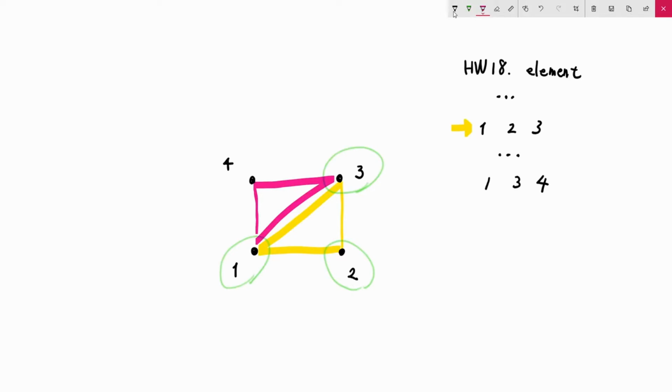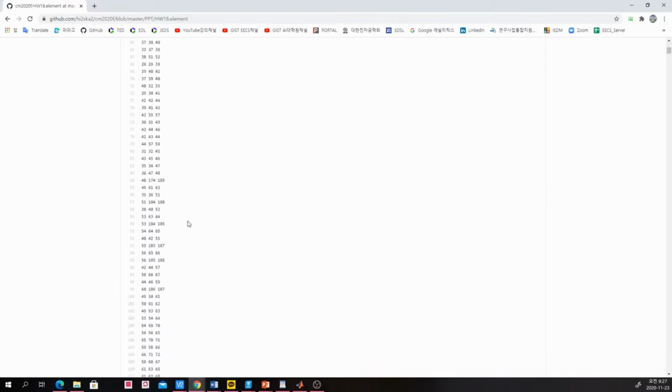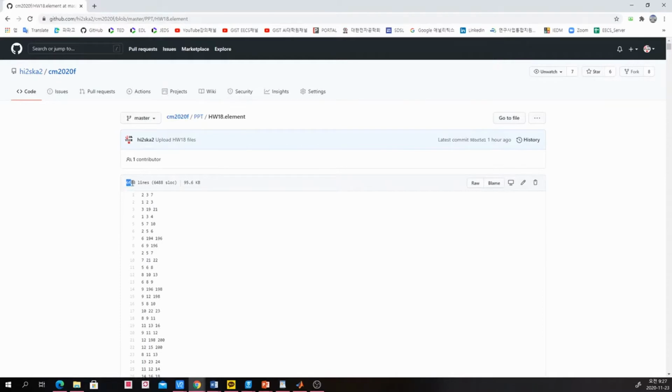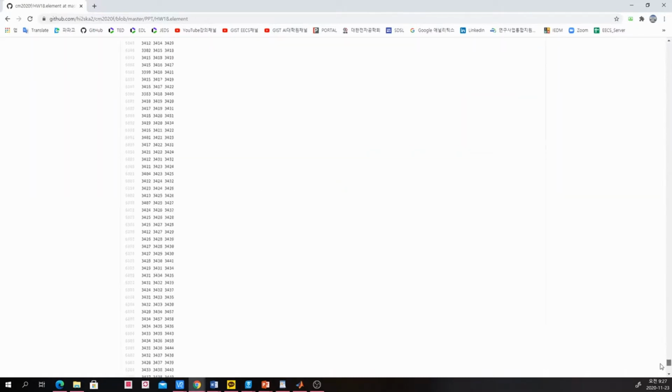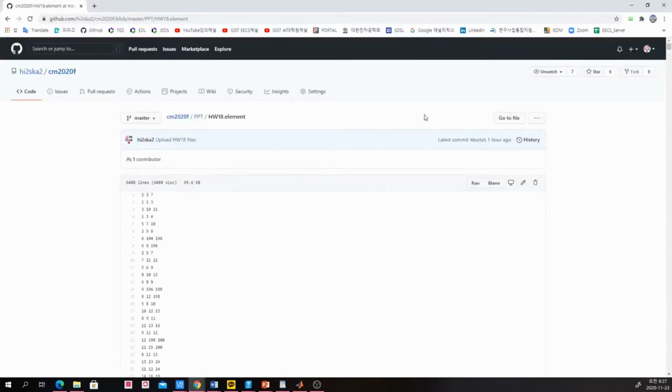Now you can understand by reading all of this element information. There are almost 6,500 elements there, so you can have many triangles connecting 3 points.